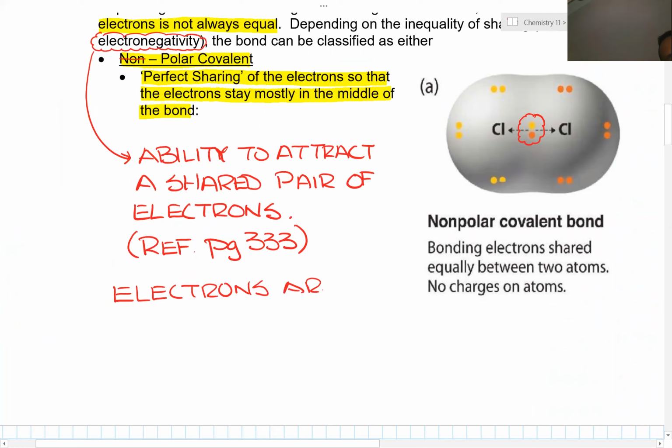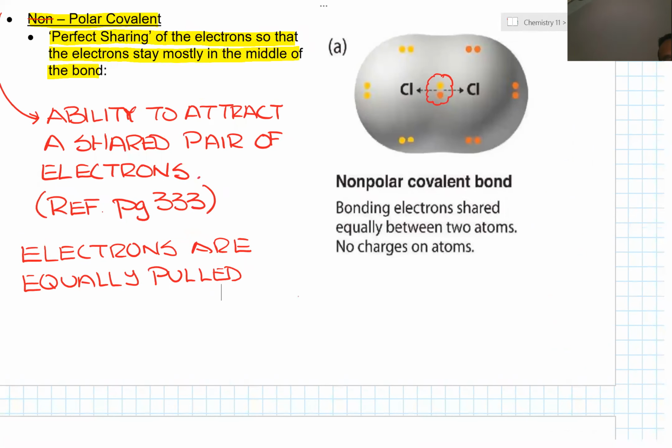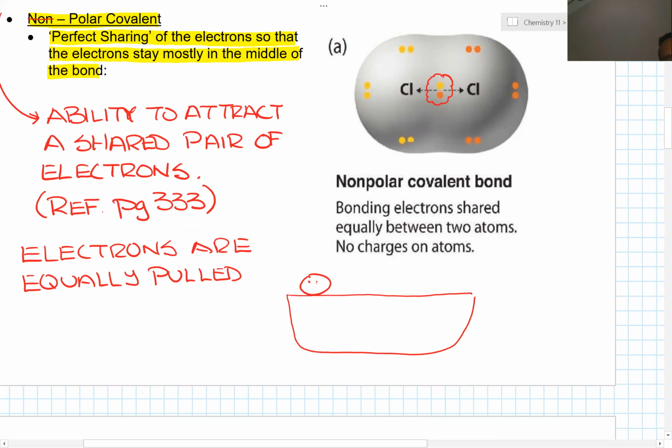are equally pulled. Now, an example would be like this. Let's say we had a boat, and these little happy faces represent electrons. The boat is perfectly balanced.